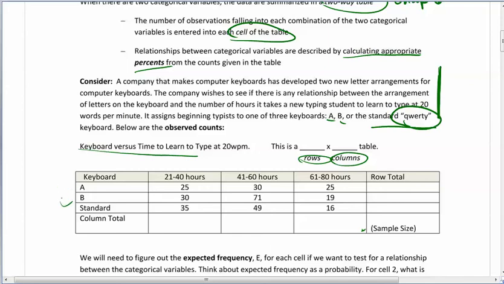This is a row with the A, this is a row with the B, standard is a row. There are 3 rows. Columns, well, there's 21 to 40 hours for learning to type. There's 41 to 60 hours, and there's 61 to 80 hours. So actually, there's also 3 columns.